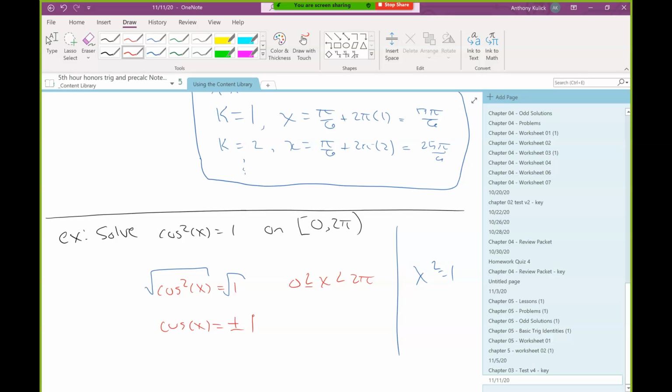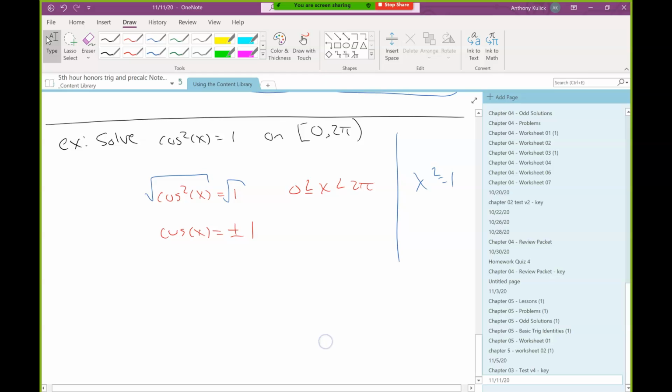Very easy to forget to do that. I'm sure you've forgotten many times in your mathematics careers, but we should try to make a point of remembering to do that. And now, really, we need to break this up because we can't solve something with a plus or a minus. Two equations, one where it's a positive and one where it's a negative. Is everybody okay with that idea?